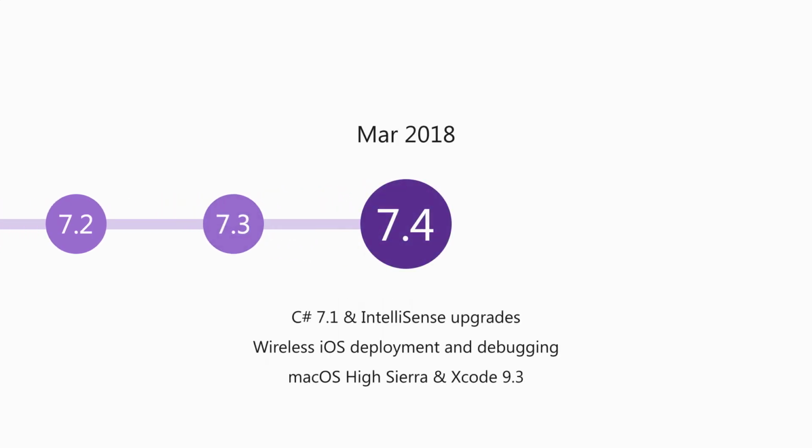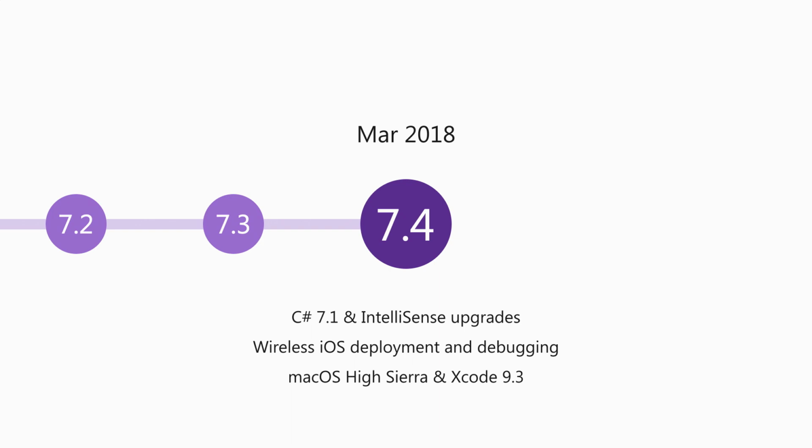In 7.4, we made some upgrades to C# IntelliSense, full support for C# 7.1, and we made the iOS deployment and debugging experience much easier because you can now do that wirelessly over Wi-Fi.